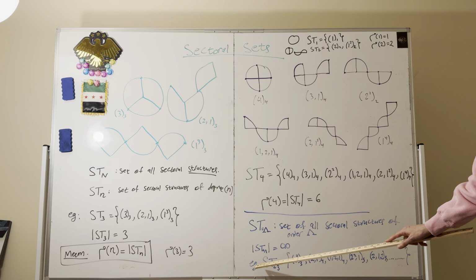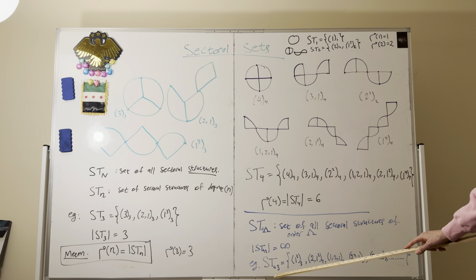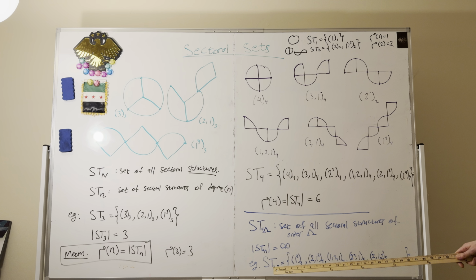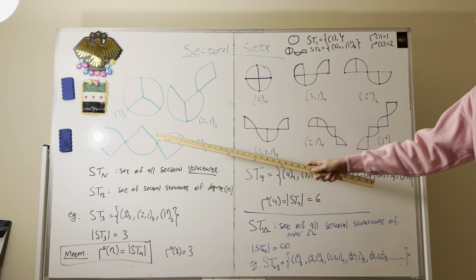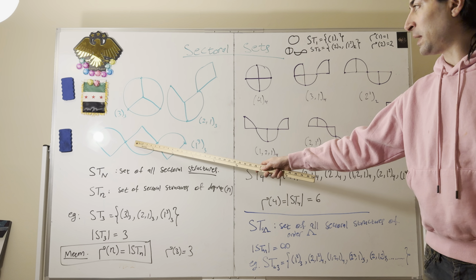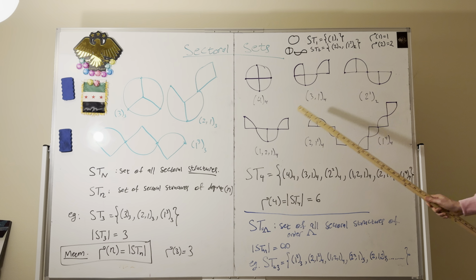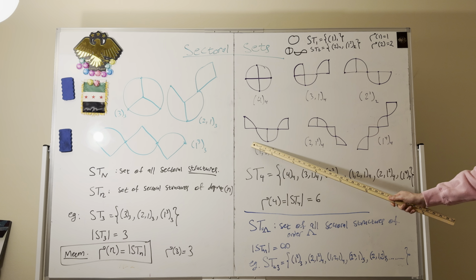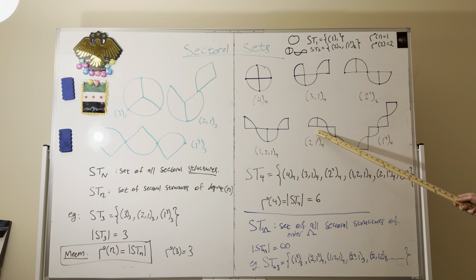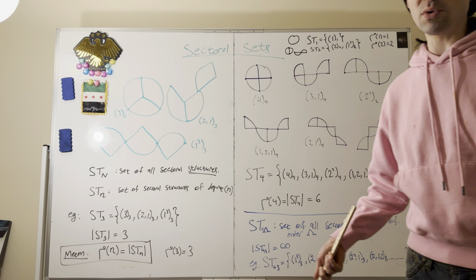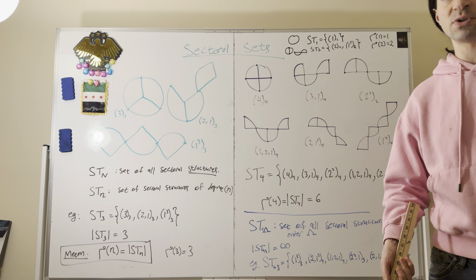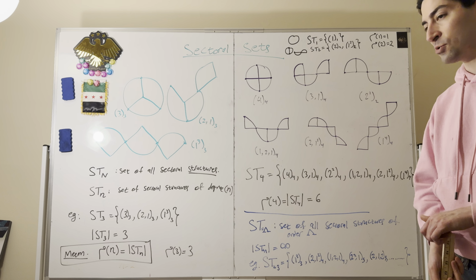For example, the set ST star 3 includes, we've seen this one, 1 cubed 3. It includes this one, 1, 2, 1 subscript 4, 2, 1 squared subscript 4. And then we're also going to have an infinite number of other sectoral structures of order 3 as well.